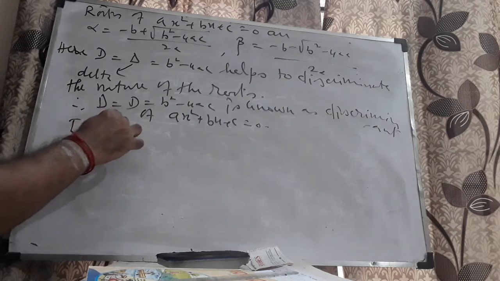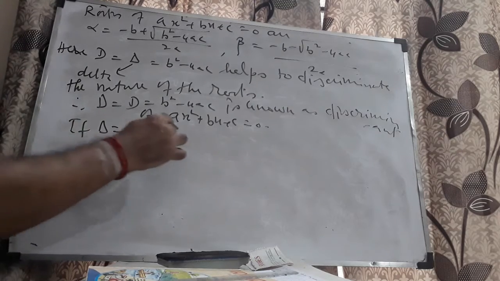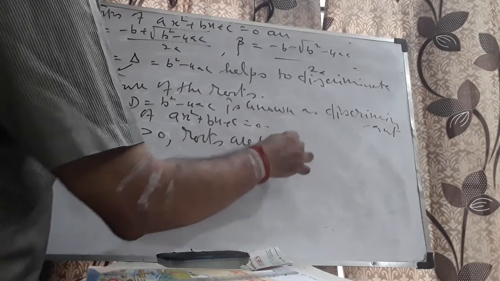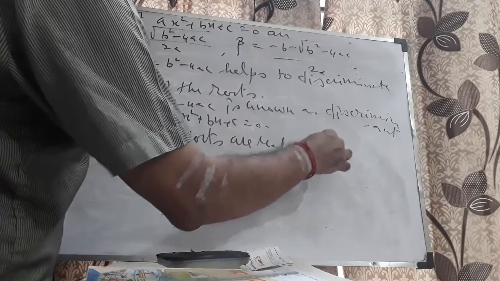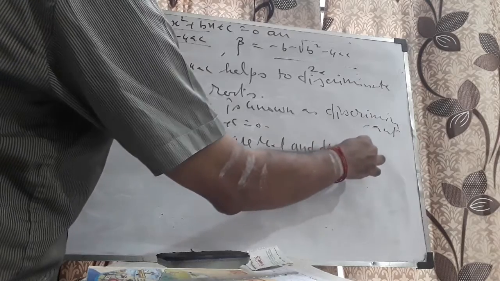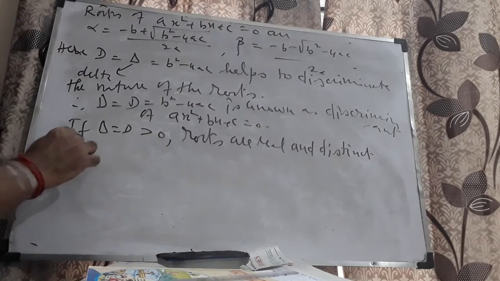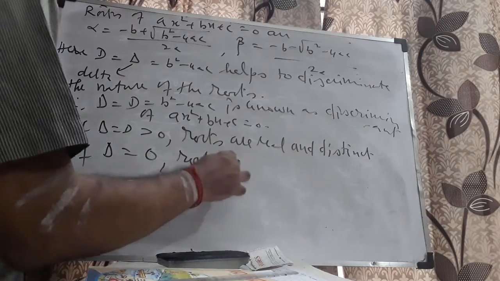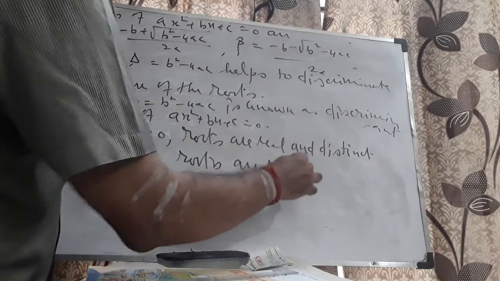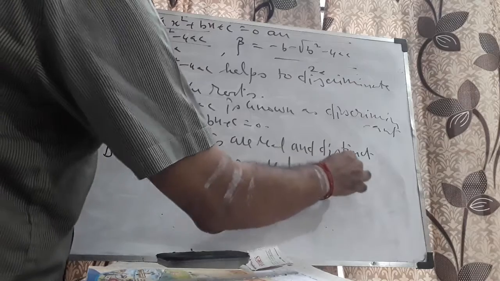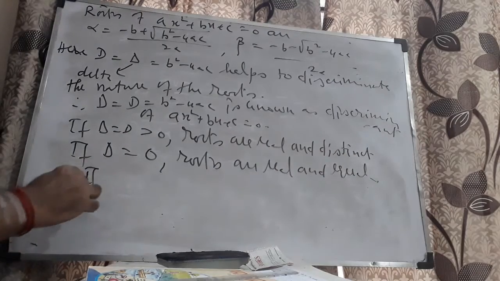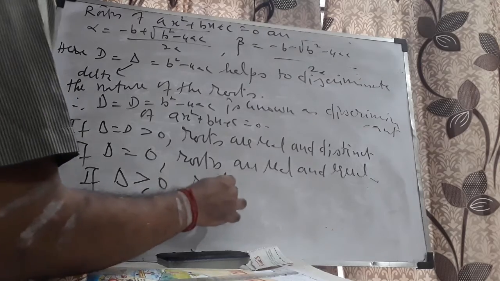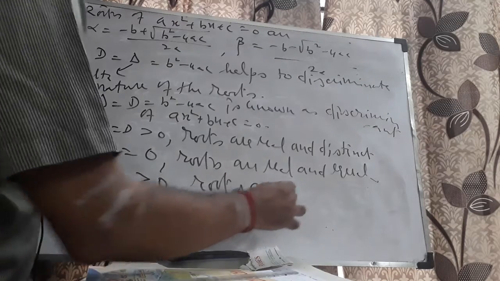If delta is strictly greater than 0, roots are real and distinct, unequal, not equal, either way you can write. If delta is equal to 0, roots are real and equal. If delta is greater than or equal to 0, roots are simply real.